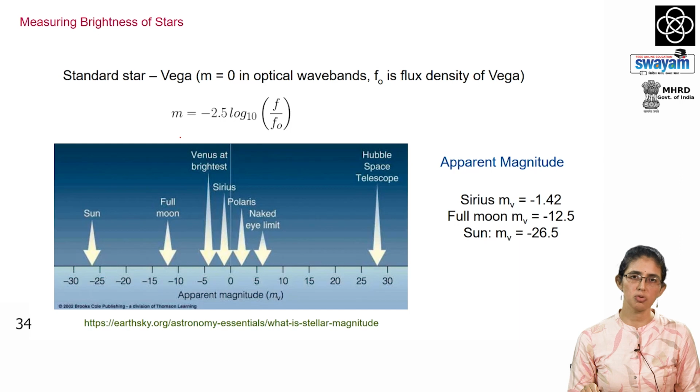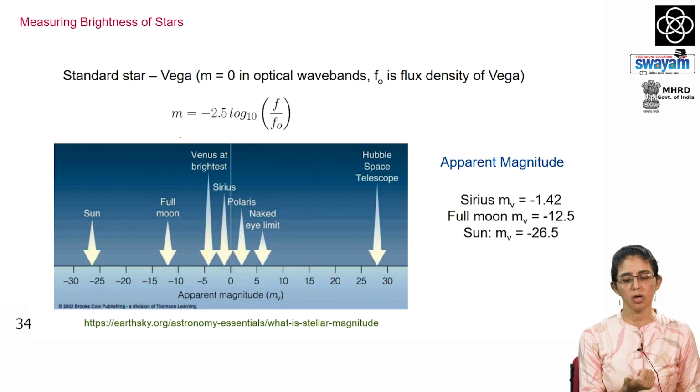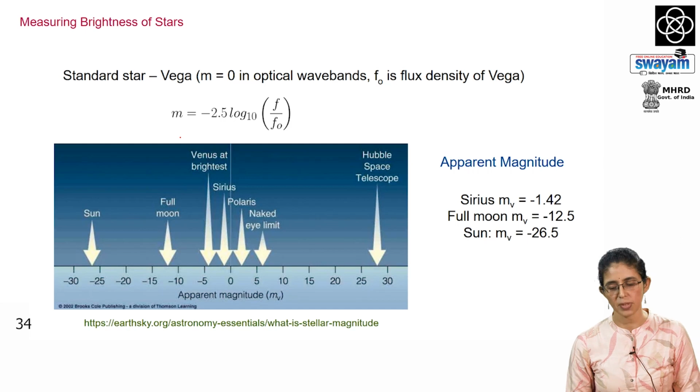So, Vega is generally used as the standard, and its magnitude is considered to be 0 across all the optical wave bands. So, if one measures the flux from Vega whose magnitude is 0, then this gives a rigorous definition to the apparent magnitude, which is given by m equal to minus 2.5 log 10 f by f naught, because the magnitude of Vega is 0.